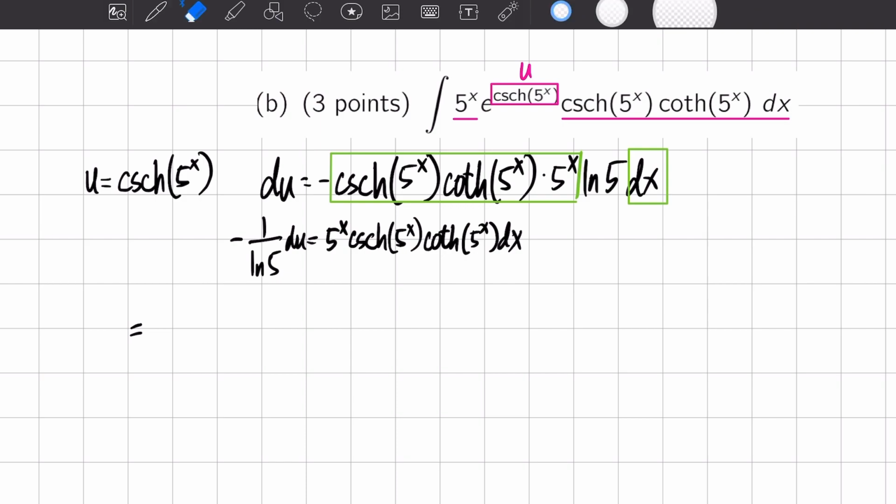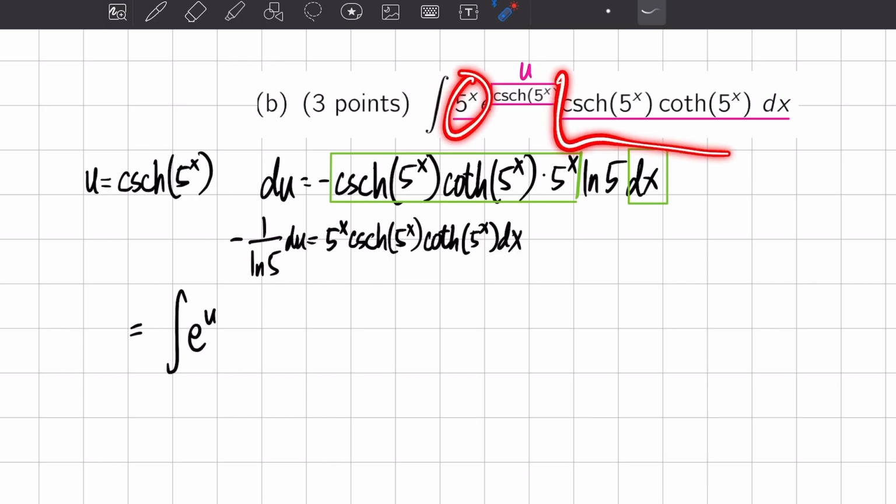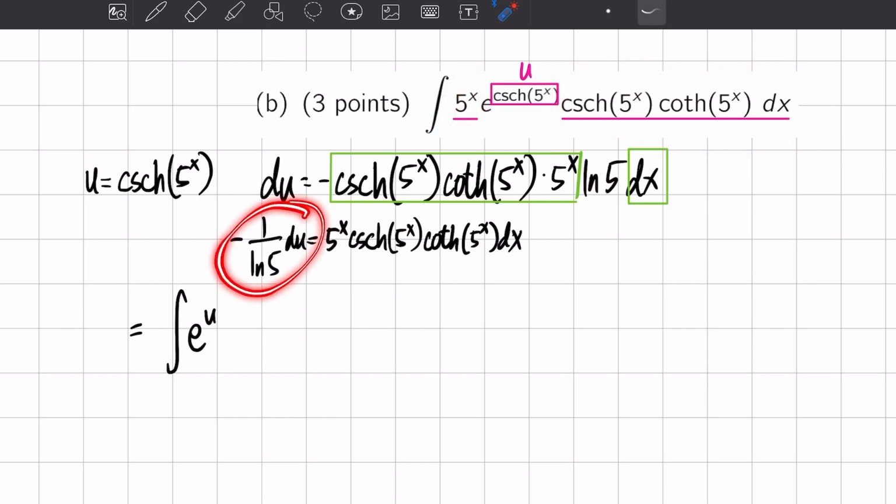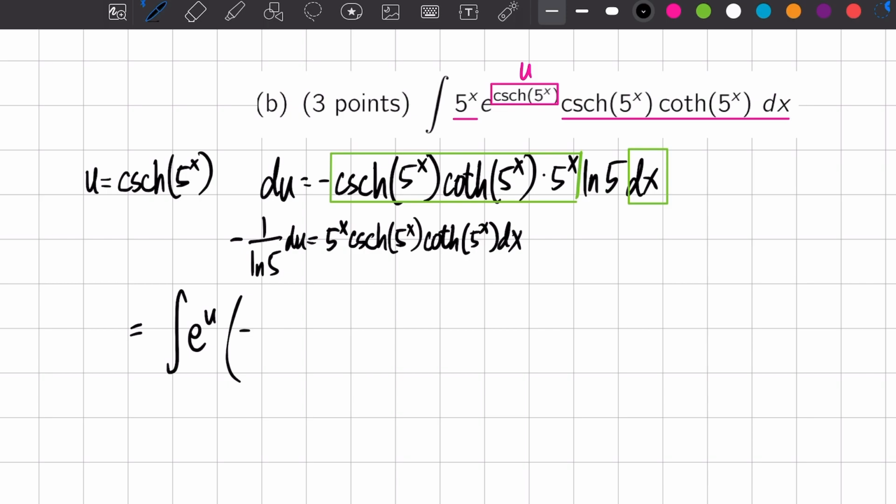And so, what we'll have is first your e raised to u. So you have your integral of e raised to u. And this entire thing right here becomes this one times negative 1 over ln 5 du.